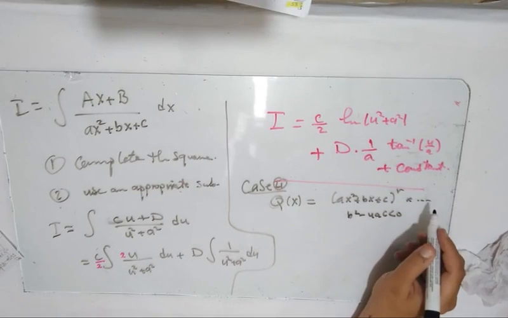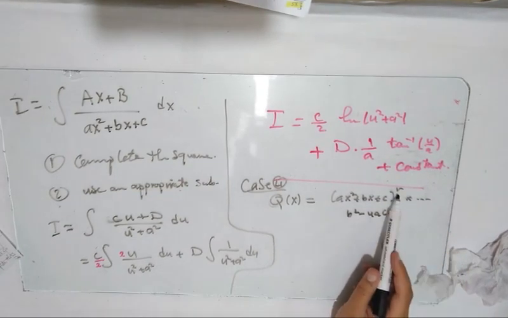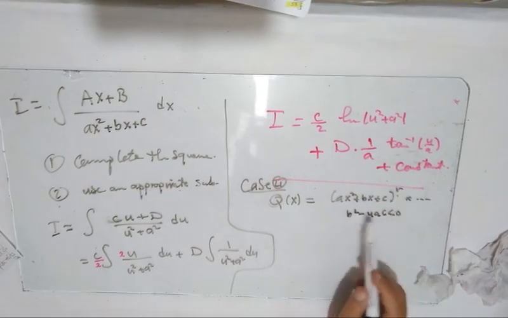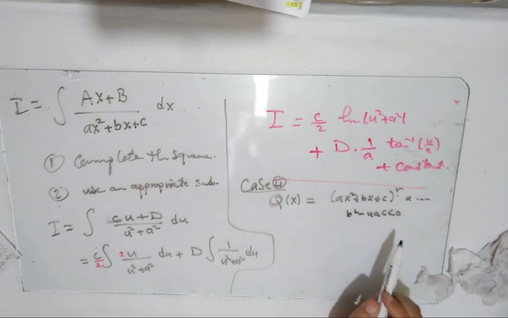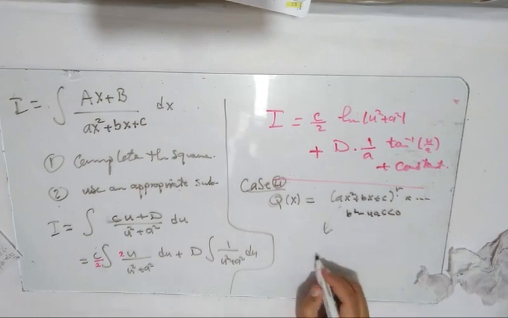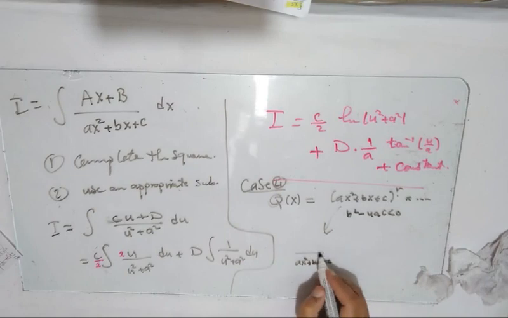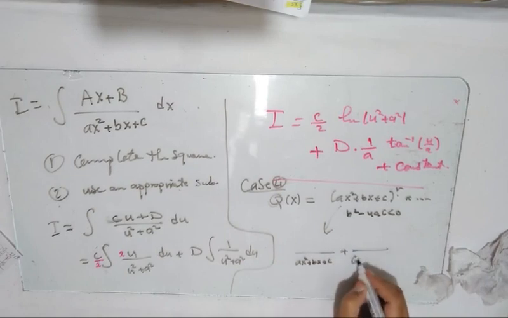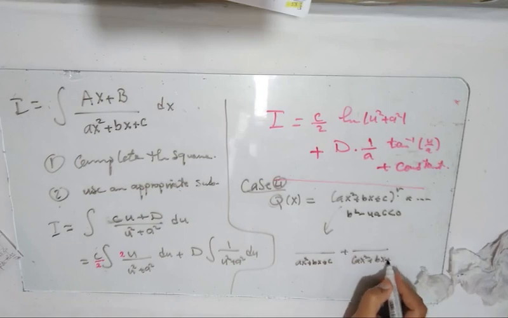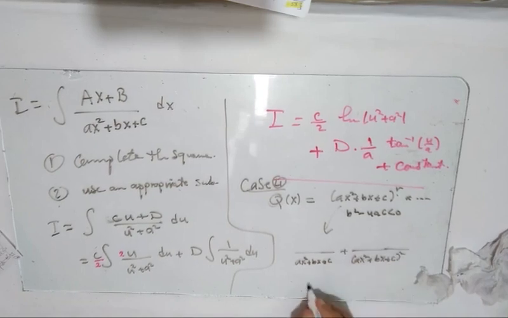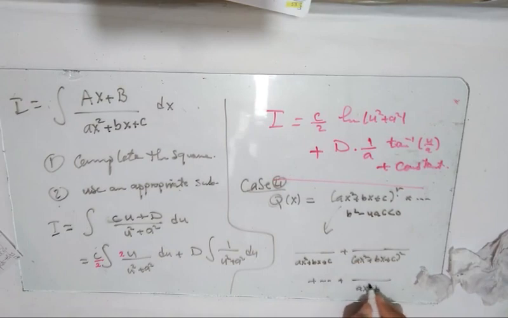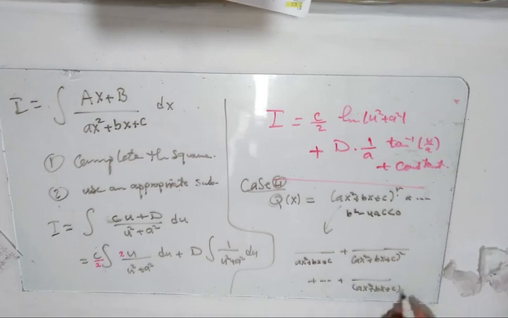times some other factors. This quadratic factor will share our partial fractions as in the repeated linear factors. So this one will share the following partial fractions. We'll have here ax squared plus bx plus c, plus (ax squared plus bx plus c) squared, and so on up to (ax squared plus bx plus c) to the power r.